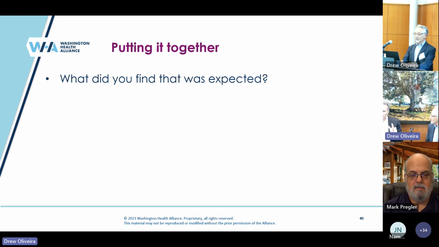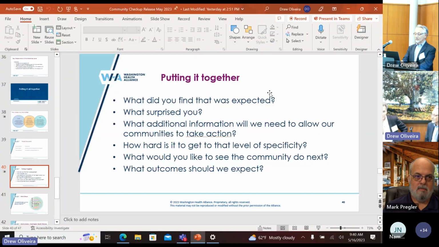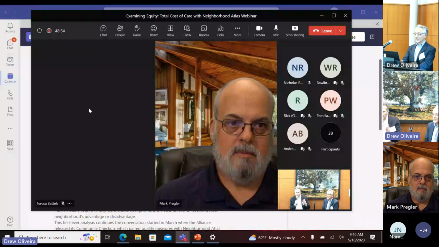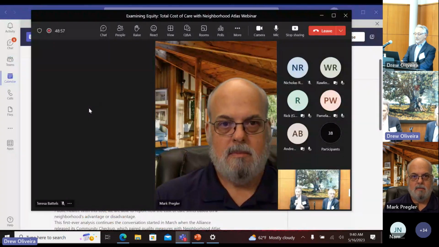The pattern on the quality side, as you saw with the cancer screenings, is declining performance in the more deprived areas. That pattern continues with cost, which we might not be surprised by, and with illness burden or health risk, which we also might not be surprised by. Then we have the continuing pattern of declining performance when we think about people who have insurance and they're not using it.